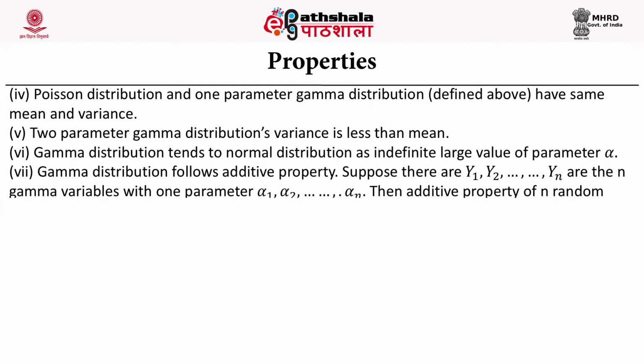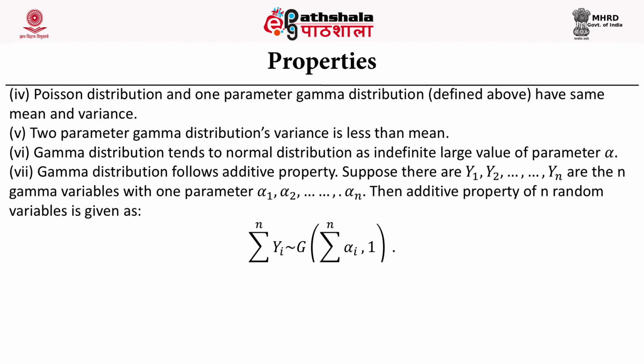Suppose Y1, Y2, and so on up to Yn are n gamma variables with one parameter alpha 1, alpha 2, up to alpha n. Then the sum of Yi, where i varies from 1 to n, follows a gamma distribution with parameter the sum of alpha i, where i varies from 1 to n, comma 1.